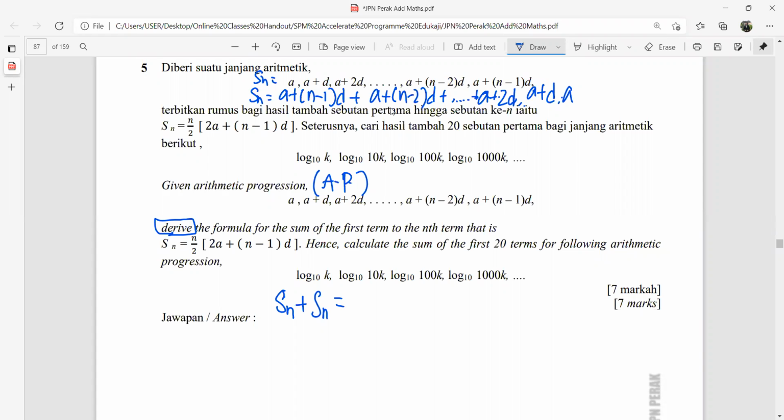Actually, they are shifting the place. So a plus this one, the first term plus the first term. You need to learn how to prove. Second term plus second term, this one plus this one.